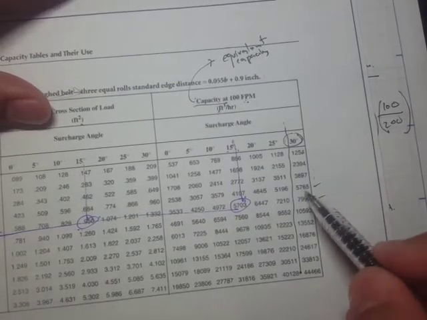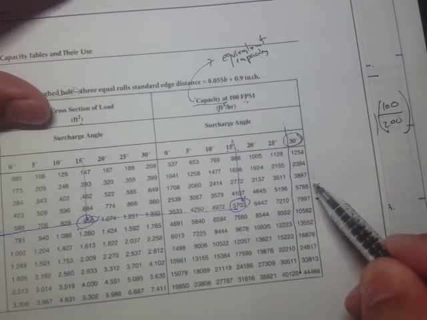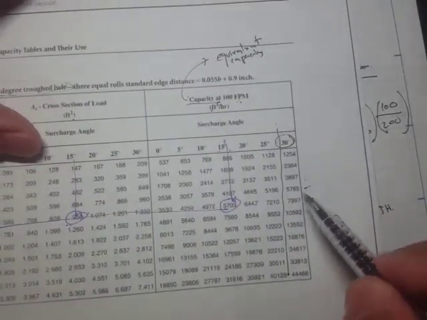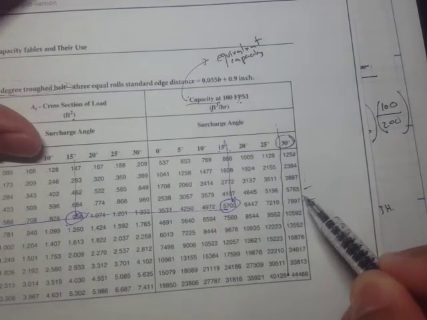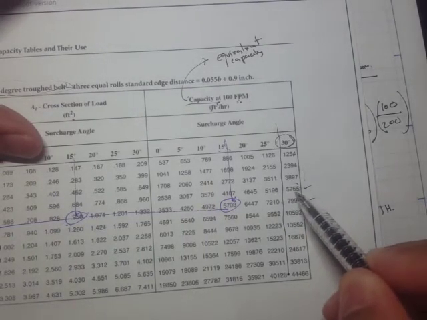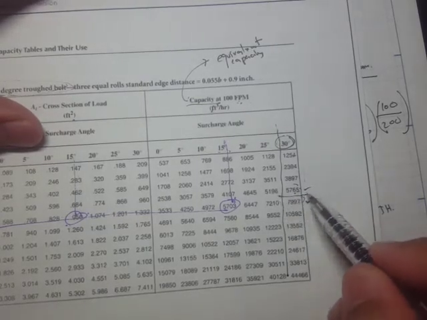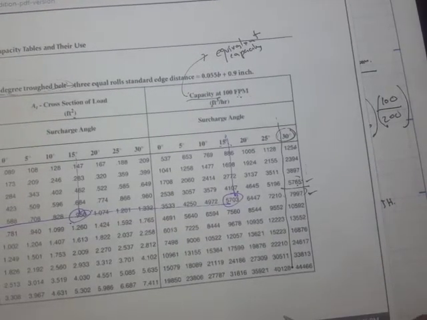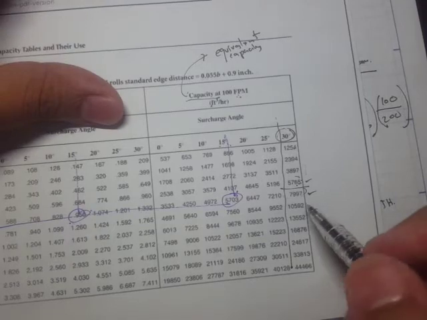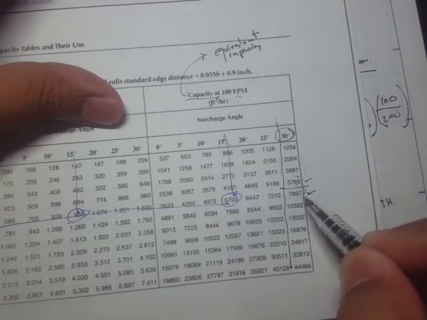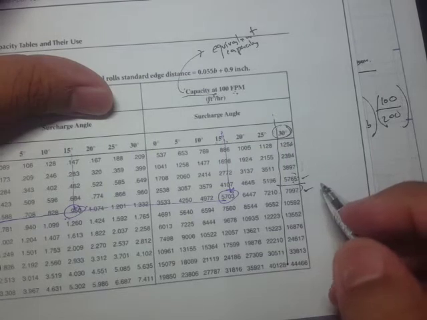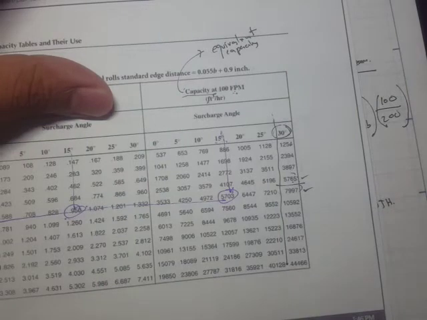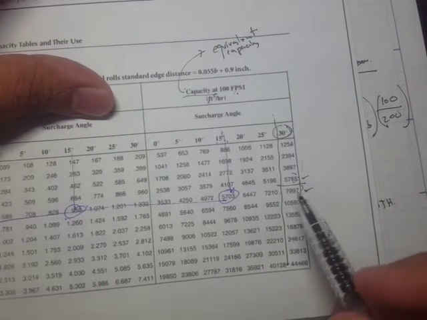If you notice, the 5,883 is more close to 5765, but in our computation, just for the sake of a classroom discussion, we'll just select this higher value, because, in my opinion, we are just solving for a range.